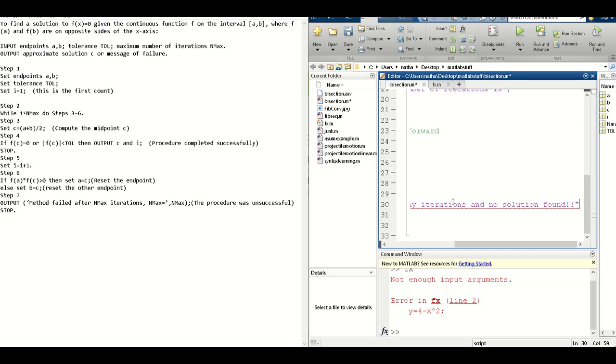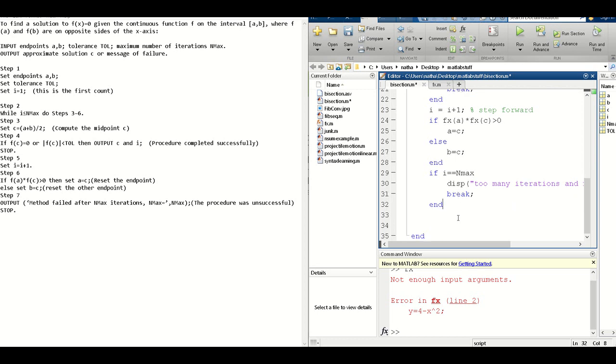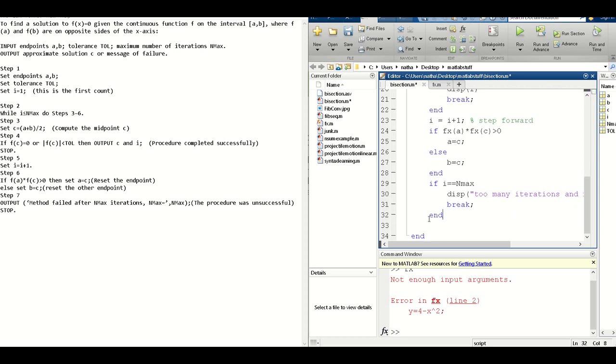We need to say something like this doesn't work. And then we break. Okay, so if we've hit that limit, we need to kick us out, and that's going to be what's going to happen here. Okay, and then this is it. At that point, we've ended.